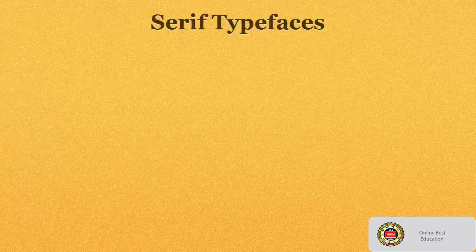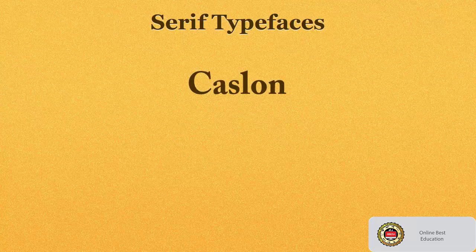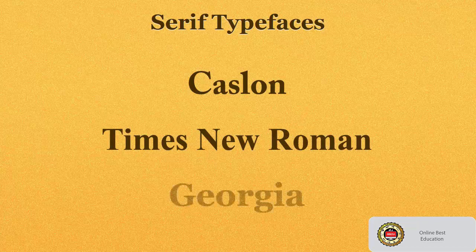The first style of typeface that we're going to talk about is serif. Do you know what a serif typeface is? Well, here are some examples. Caslon is a serif typeface. Times New Roman, that's the classic serif typeface. And the last one I have here for you is Georgia.